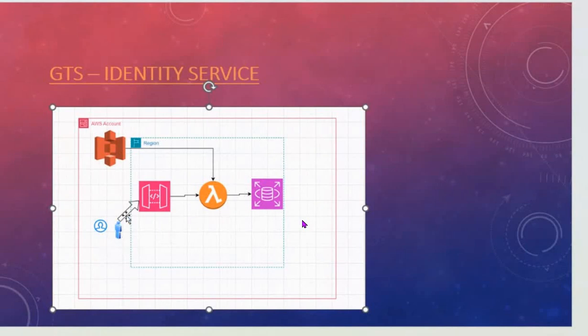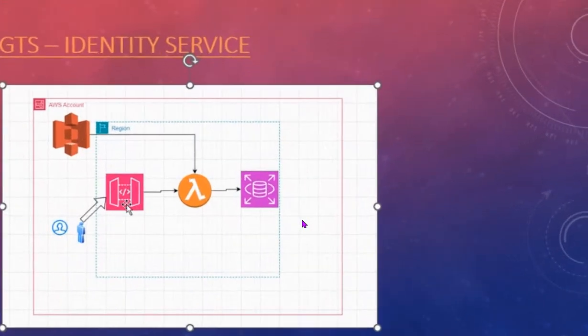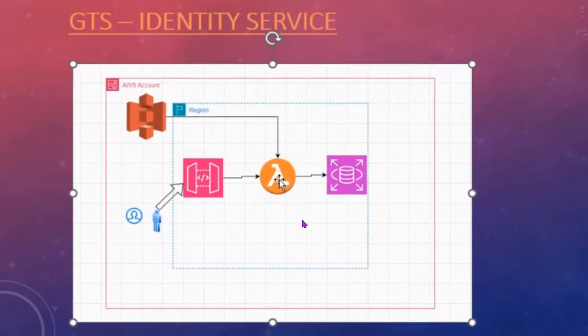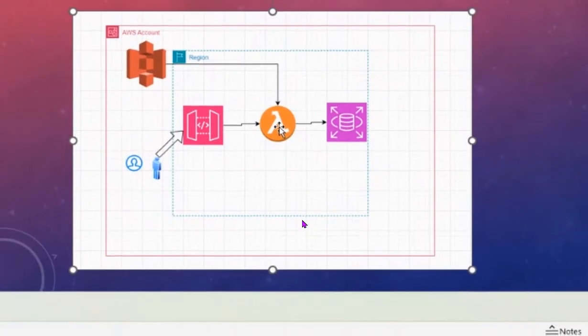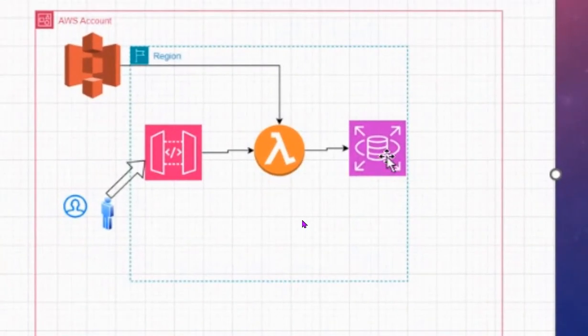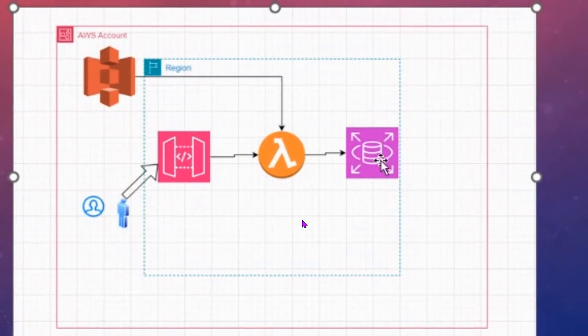Whenever a user query is made from the API, it connects to the Lambda function. The backend of the Lambda function is integrated with RDS, so that the data is stored in the MySQL database.